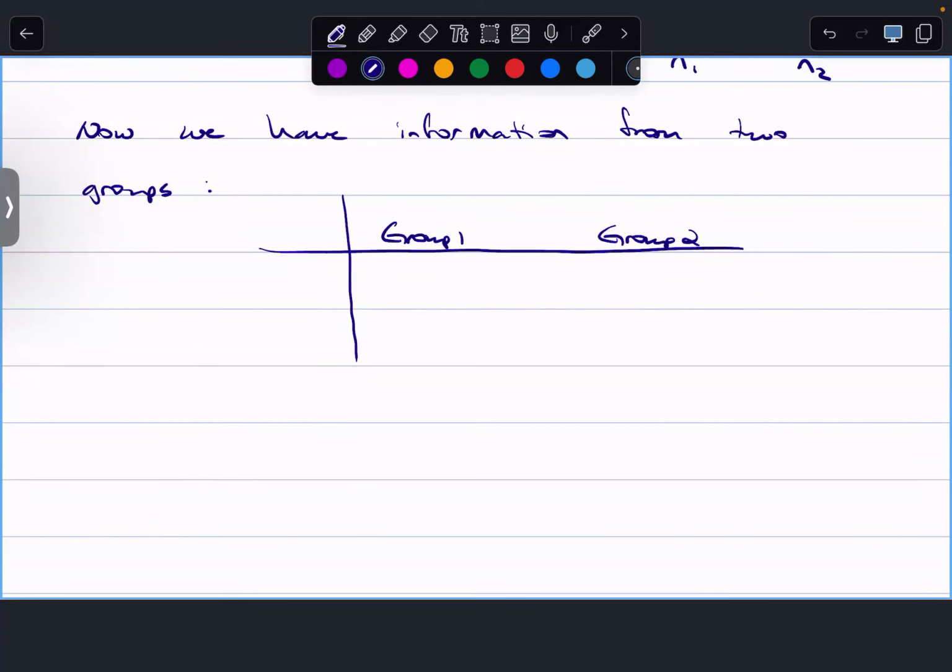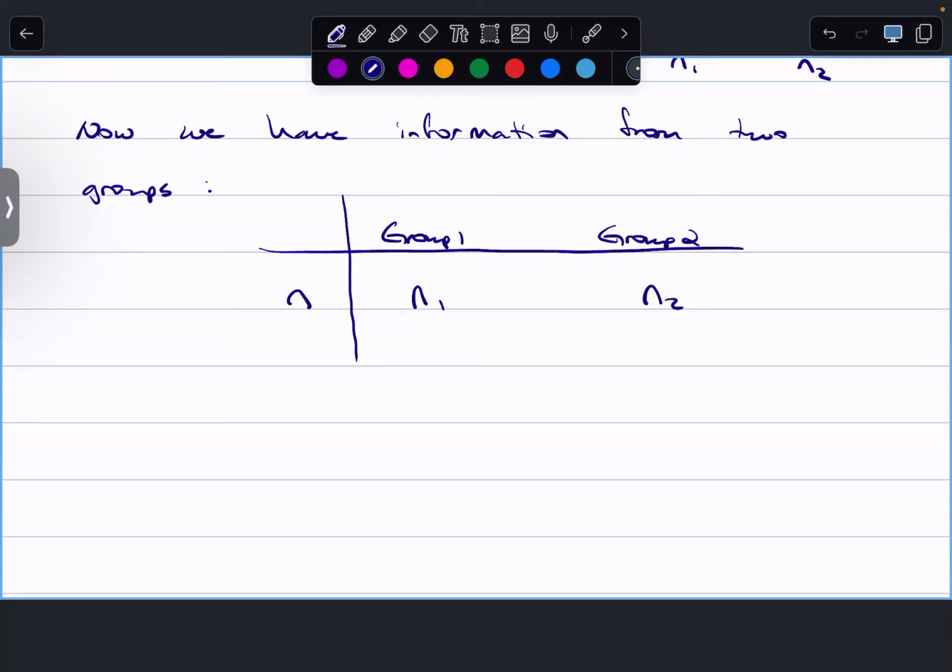Let's think about the information that we needed to solve. Let's start with a confidence interval for one sample proportion. Well, I needed to have n. All right, so group 1 has some sample size n1, and group 2 has some sample size n2, of course.